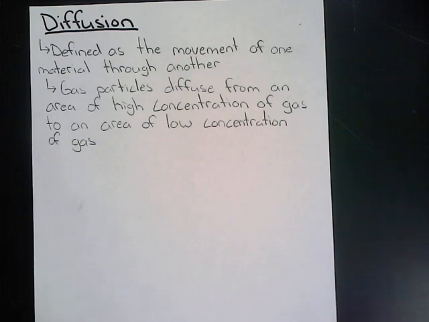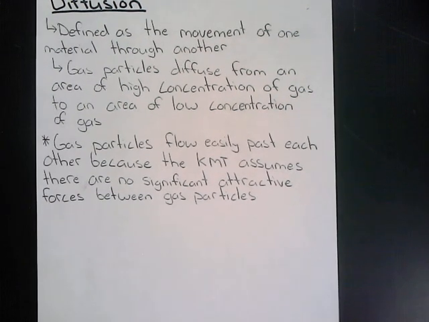And we have to remember two pretty important things. Number one is that gas particles can easily flow past one another because the kinetic molecular theory assumes that there are no significant forces of attraction between gas particles. And the other reason that diffusion occurs in gases is because gas particles move in random directions until they mix evenly throughout a distribution.